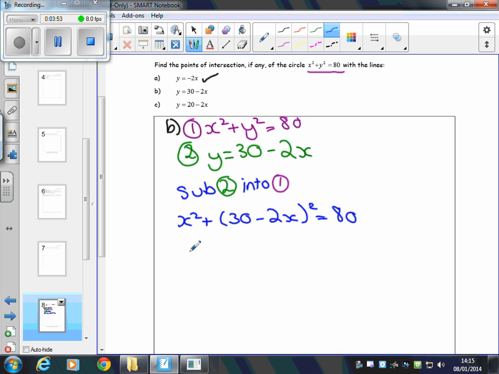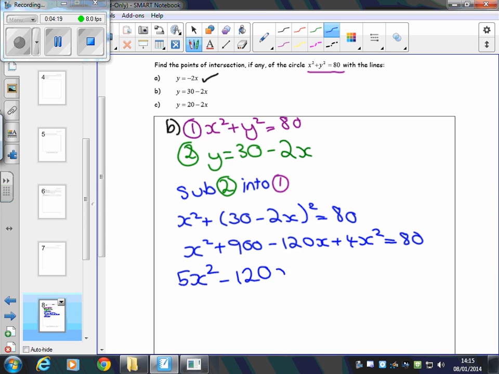Expanding out this bracket here gives us x squared plus 900 minus 120x plus 4x squared equals 80. Gathering together my x squared terms and constant terms gives me 5x squared minus 120x plus 820 equals 0.